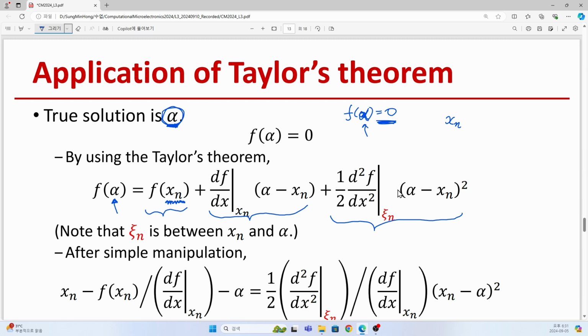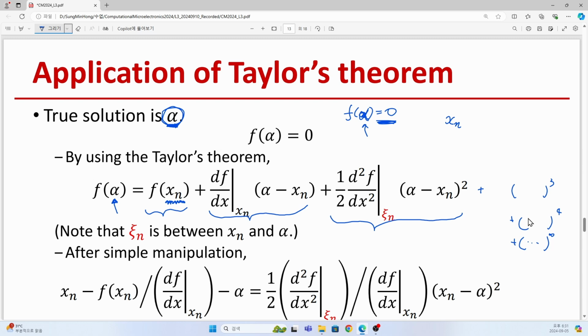If you remember correctly, the Taylor series shows us we have third order term, fourth order term, something like that. We have an infinite series in order to have a general expression.